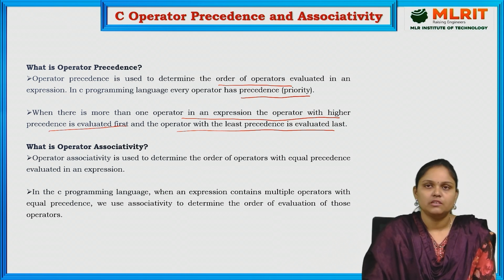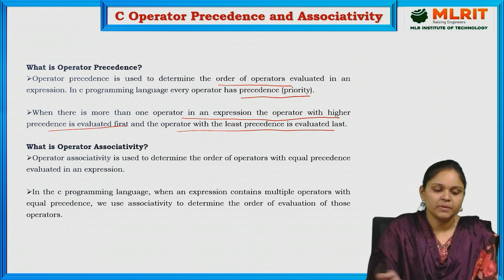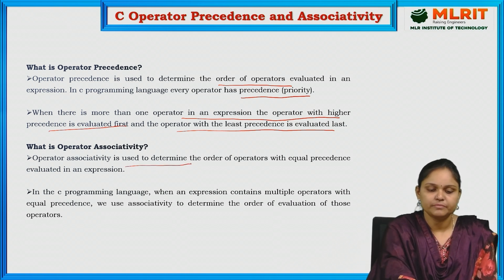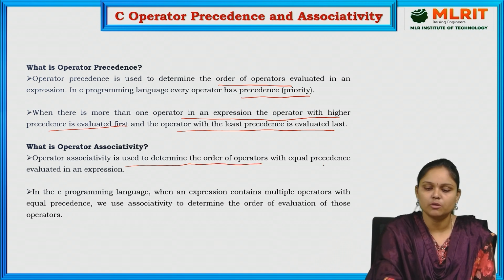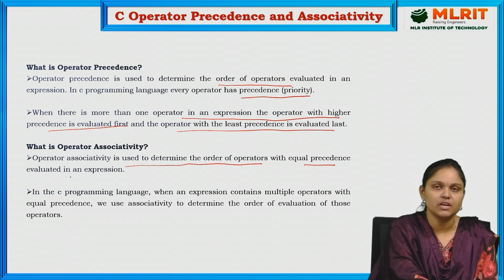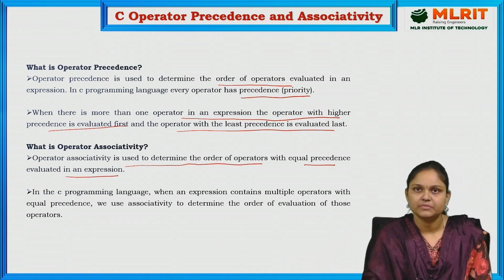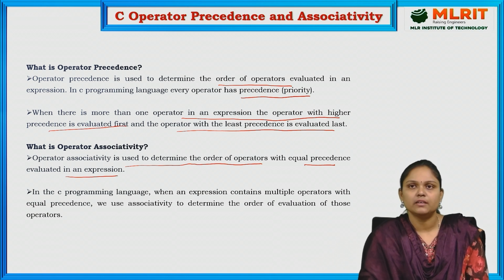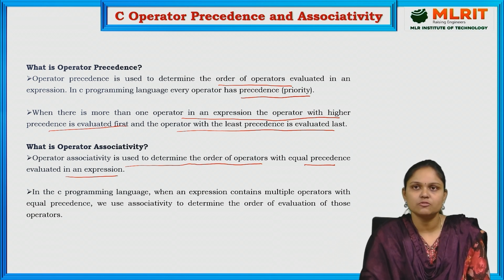Coming to associativity. Operator associativity is used to determine the order in which operators with equal precedence are evaluated in an expression. In simple words, if we have multiple operators of the same precedence in an expression, we need to know which operator to solve first, either on the left side or the right side.